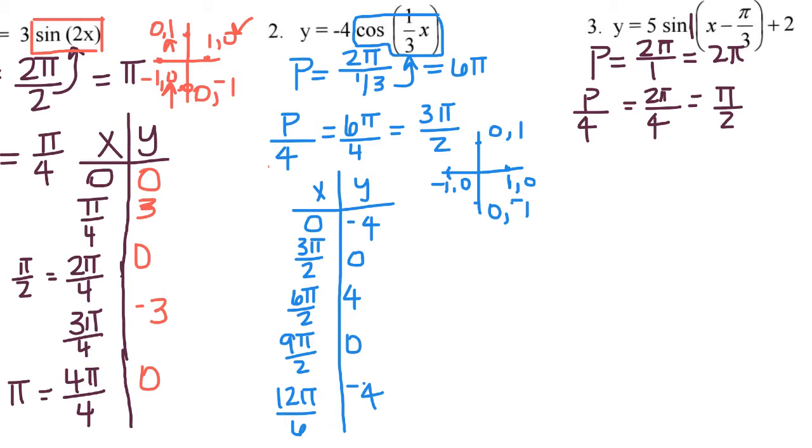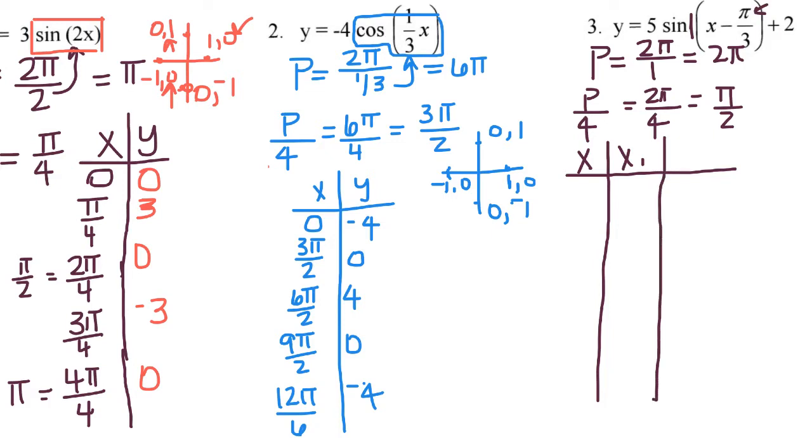So when we're going through here, notice we do have a phase shift with this problem. So we are going to have 2 different x values. We'll have our x values that we start with, and then we'll have our x sub 1 x values that we'll end up finding. And then finally, we'll go through and we'll find those y values.